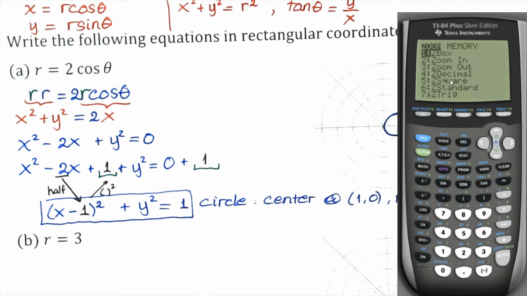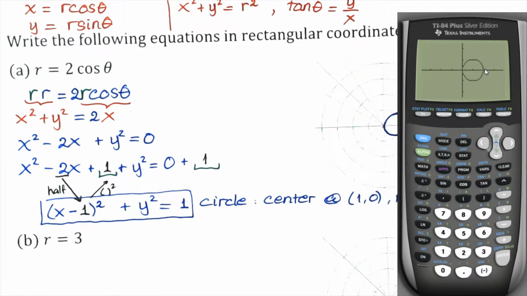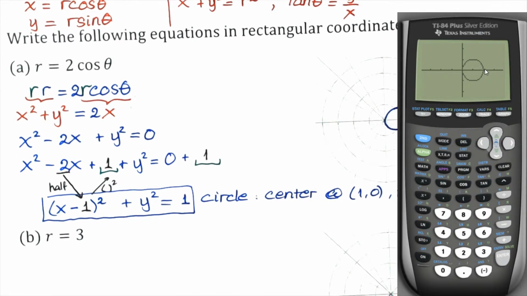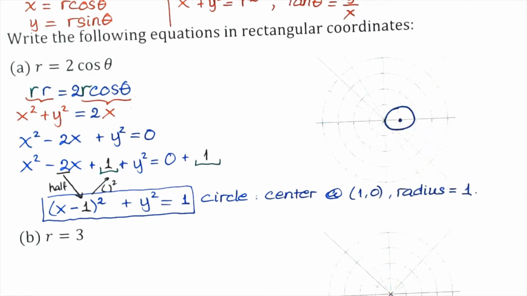And then we can make zoom square number 5 to have the same distance on the same scale on the x and the y coordinate. So we do have a circle, center 1, 0, radius 1. Right. We'll get back to the calculator later.